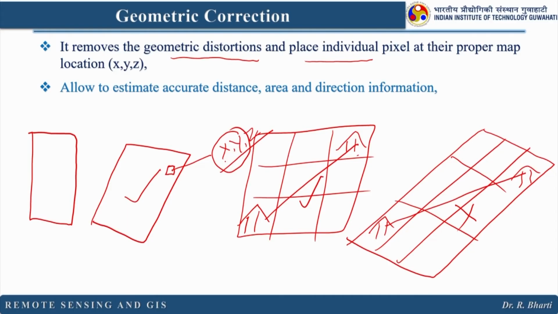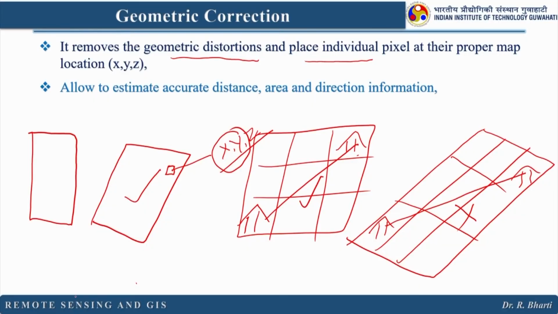Nowadays you must be familiar with Google Earth. In Google Earth, instead of writing the location name, you can write latitude, longitude, and Google Earth will take you to that particular location. So, how is it doing? Because the whole system is defined in terms of x and y, right. So, this is the advantage of doing this geometric correction.